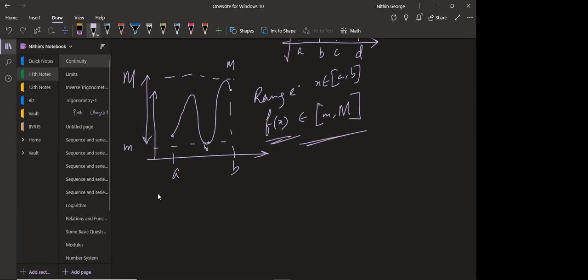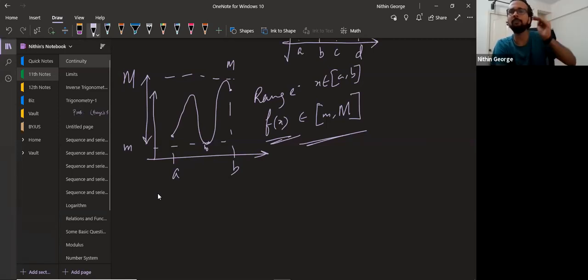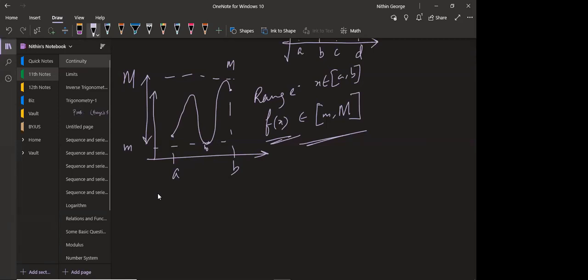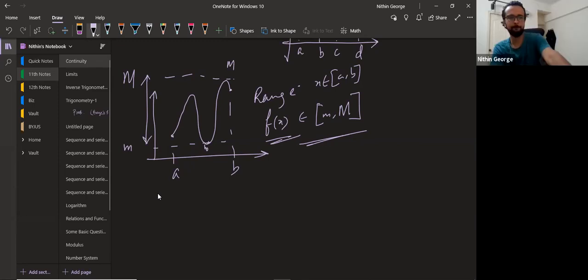If it has a maximum value of capital M and minimum value of small m, all values between that will be touched, if it is a continuous function. Because it's continuous, you have to go from small m to capital M or vice versa using the same pen without lifting it. Think like that. Guys, did you get this?